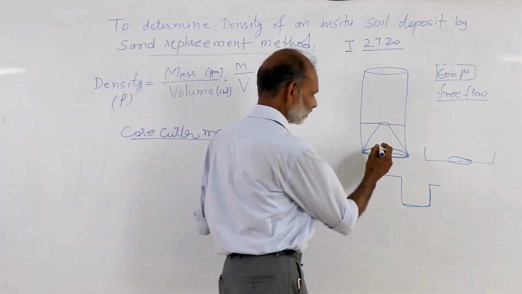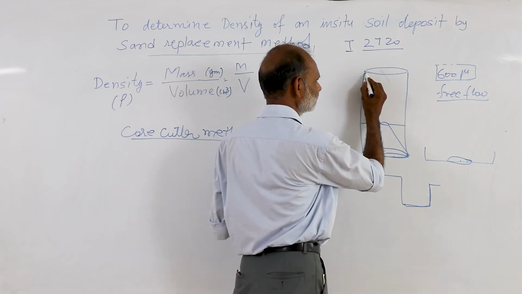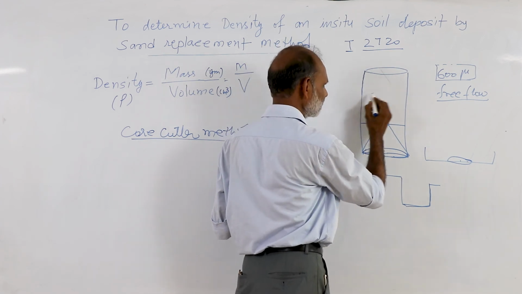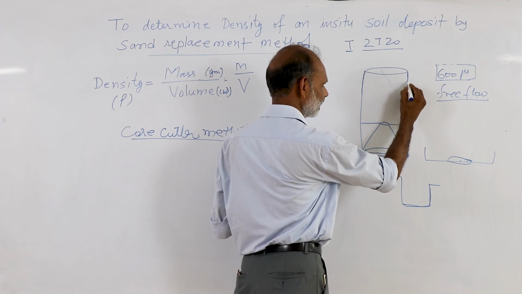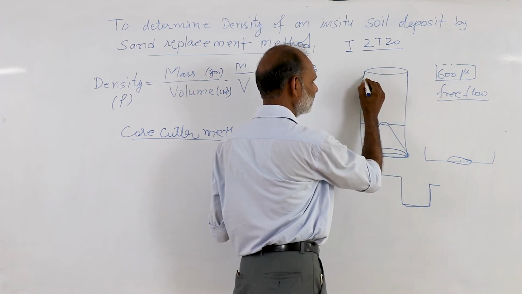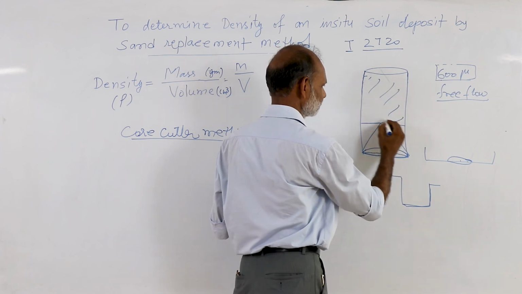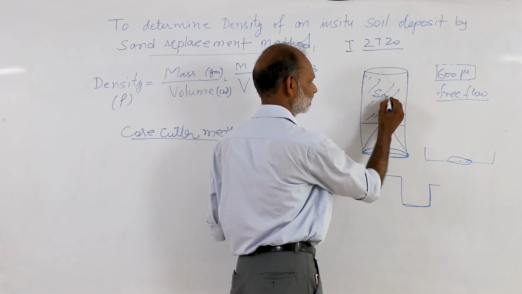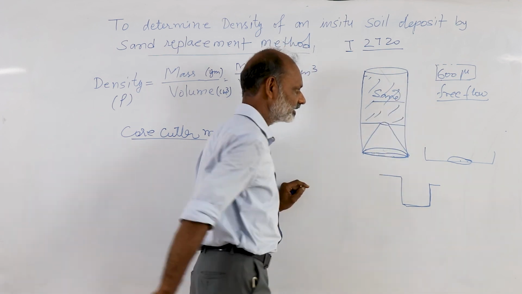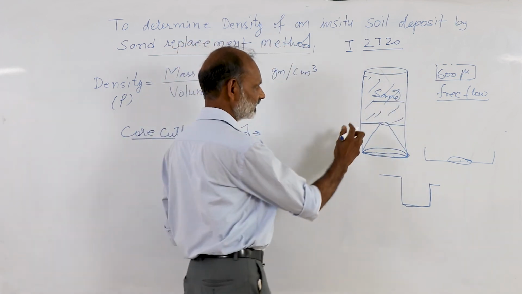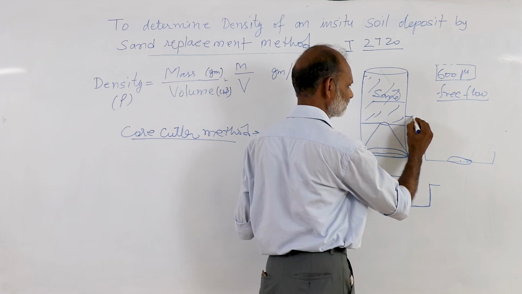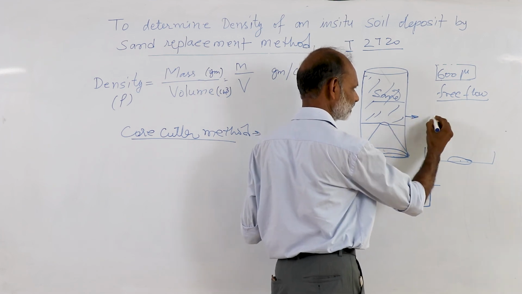So first we fill this pouring cylinder with sand up to a 1 centimeter depth below the top. Now we take the weight of this sand and pouring cylinder.